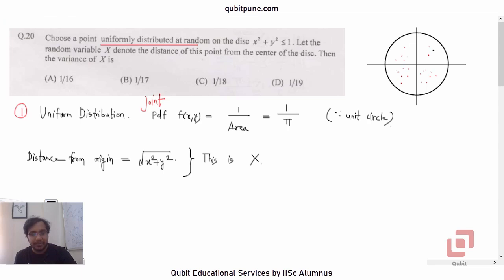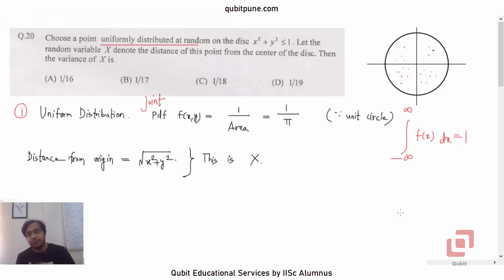Which property have we used here? If you remember the theory of random variables, for a single random variable, for any function f of x to be a valid PDF, it should always be non-negative, and its integral should be equal to 1. Now here we are not interested in the whole xy plane, rather only in the unit circle.